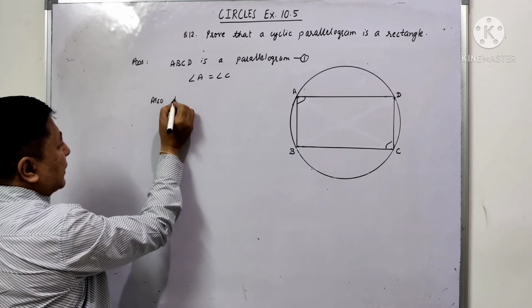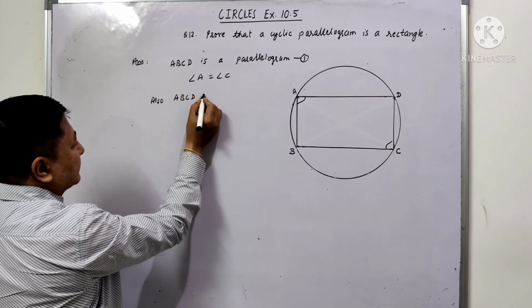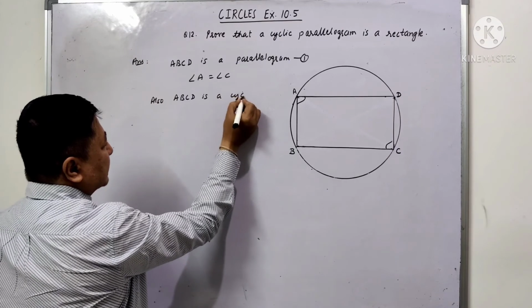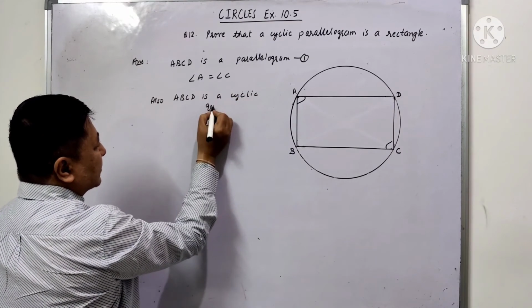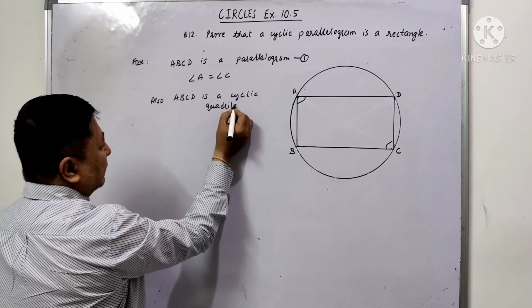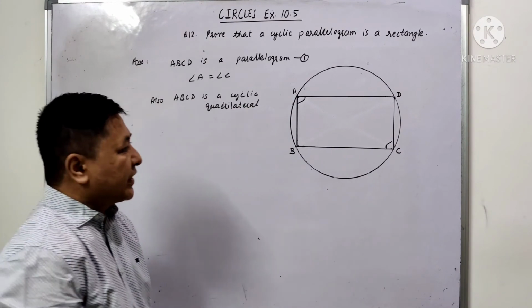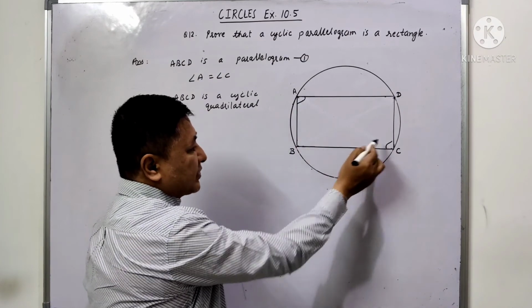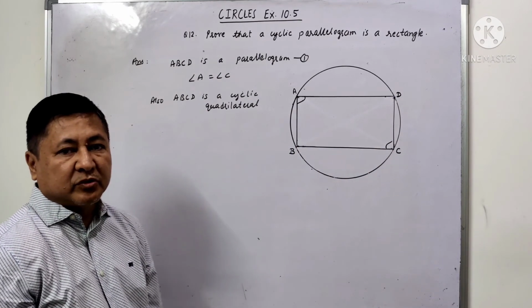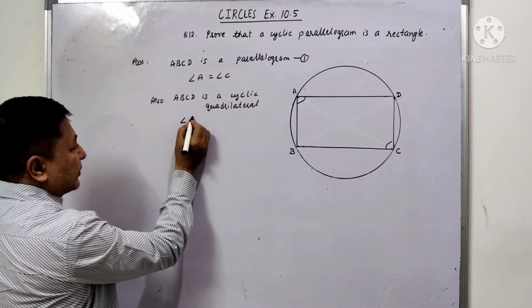Also, ABCD is a cyclic quadrilateral. And we know that the sum of opposite angles of a cyclic quadrilateral, this and this, is 180 degrees.